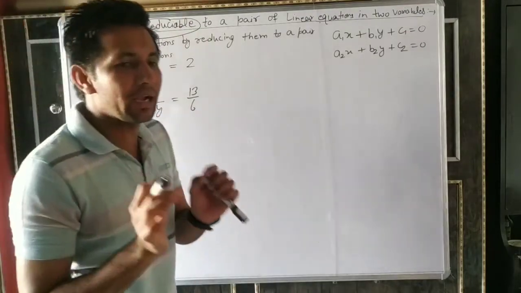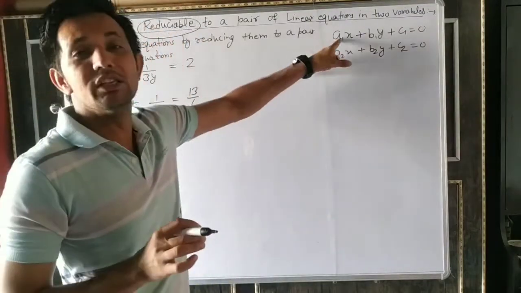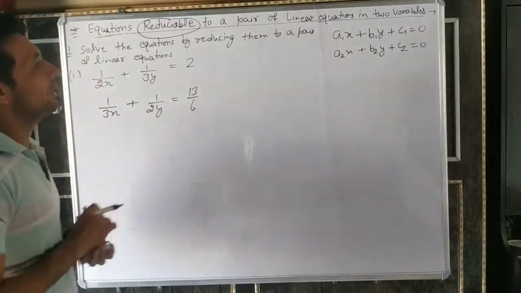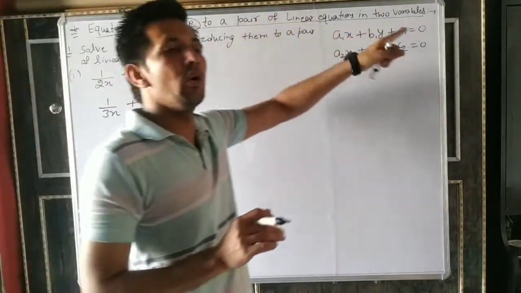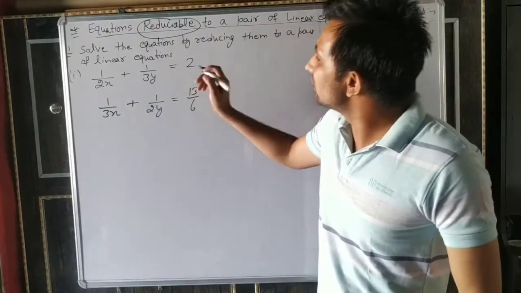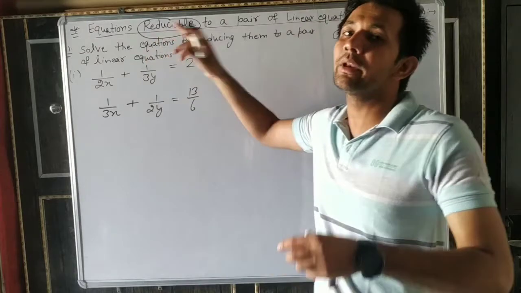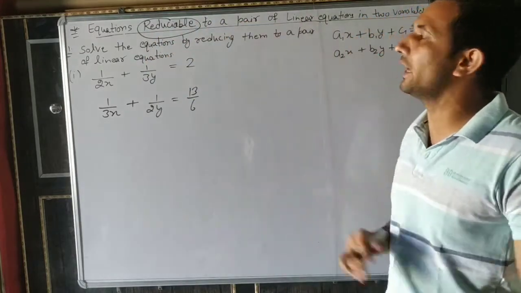First we will make both of the equations in general form, a linear equation in two variables. Equation reducible means convert to a pair of linear equations.